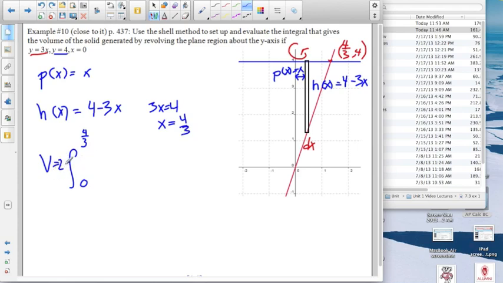And so we've got 2 pi, and our p of x is x, and our h of x is 4 minus 3x, dx. And so integrating that from 0 to 4/3, we get our answer. I'll let you do that on your TI-84. But when we integrate that, we end up getting an answer of 64 pi over 27 for the volume of that inverted cone.